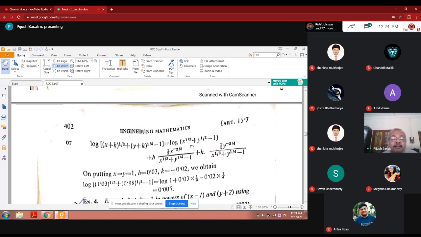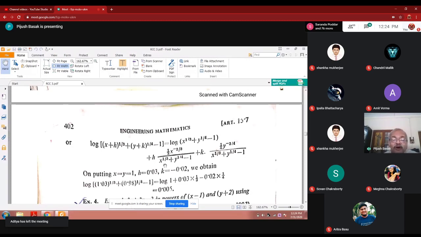Log of x to the power 1/3 plus y to the power 1/4 minus 1, plus h. This is the first derivative of x to the power 1/3. So del f del x is 1/3 x to the power minus 2/3 divided by, because a logarithm is there, x to the power 1/3 plus y to the power 1/4.